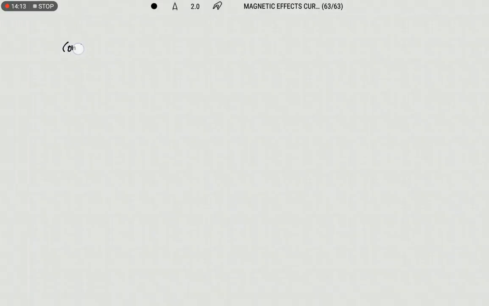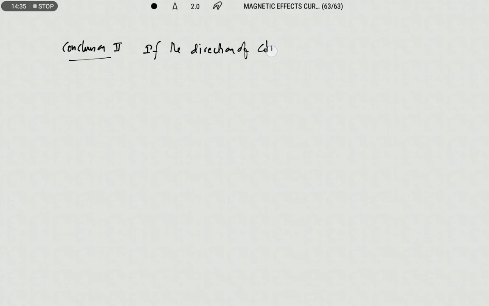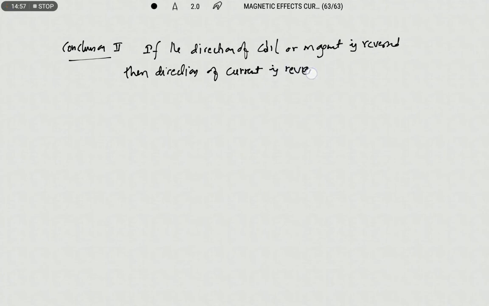So conclusion 2: if the direction of motion of the coil or magnet is reversed, then the direction of current is reversed. This is the second conclusion.